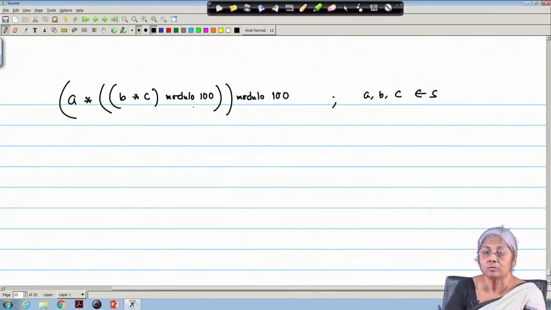Since it is closed, B star C modulo 100 again gives another 2-digit number, say D.